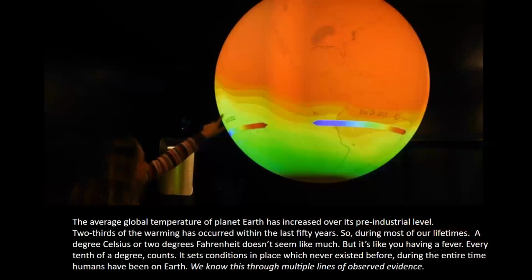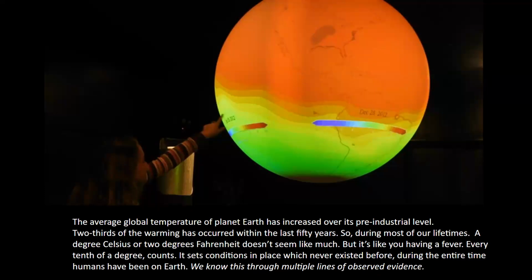The average global temperature of planet Earth has increased over its pre-industrial level. 2/3 of the warming has occurred within the last 50 years, so during most of our lifetimes. A degree Celsius or 2 degrees Fahrenheit doesn't seem like much, but it's like you having a fever.